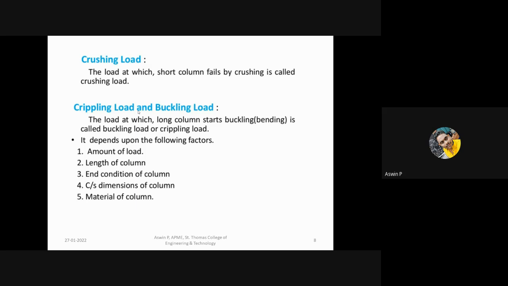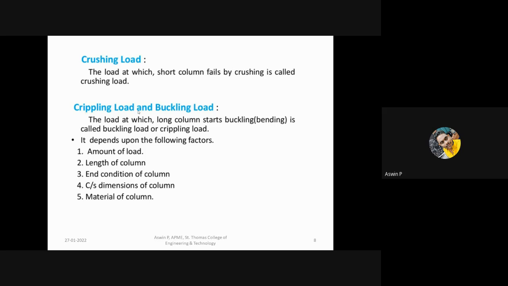The load at which a long column starts buckling, bending, is called buckling load or crippling load or critical load.